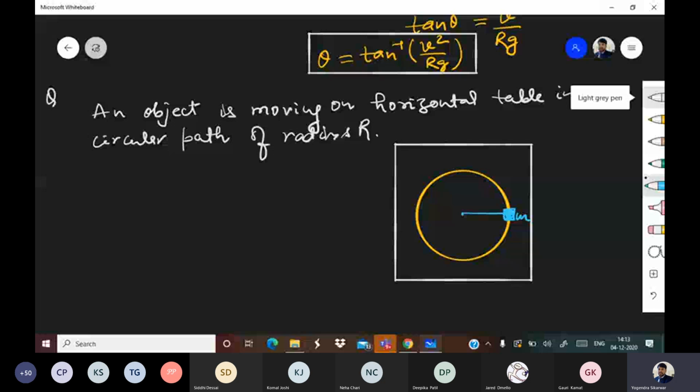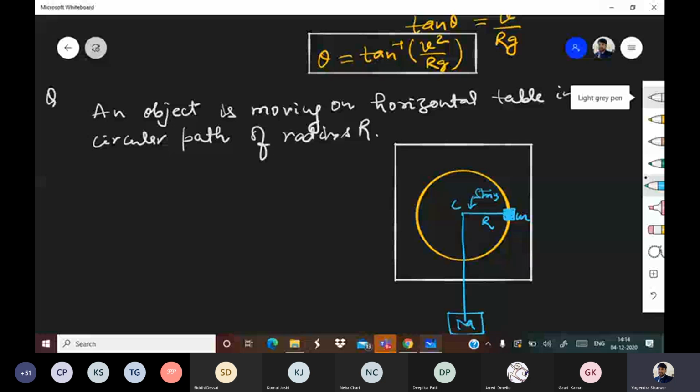Now with that string, another part is connected to an object of mass capital M. Okay.